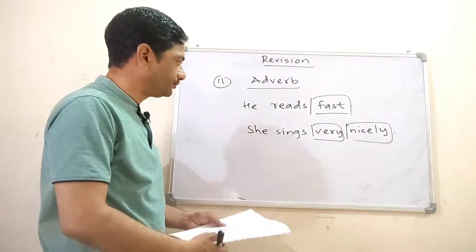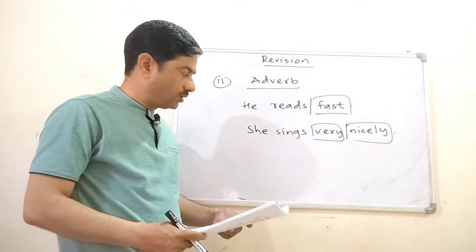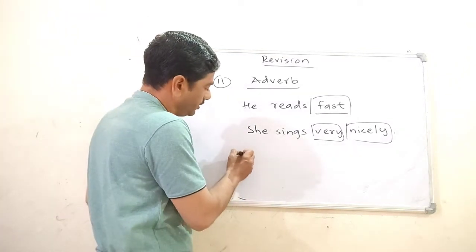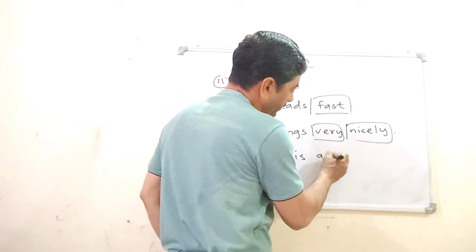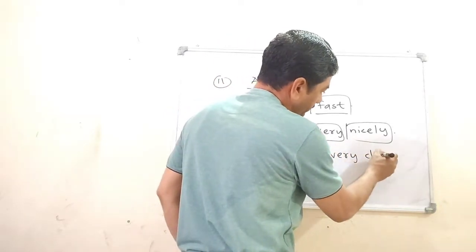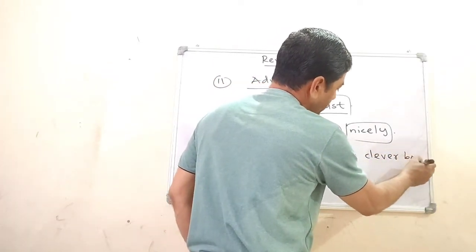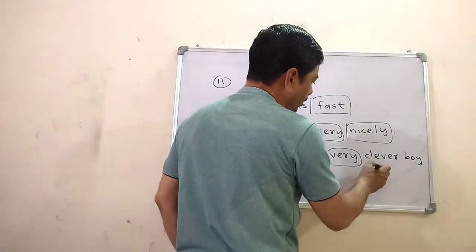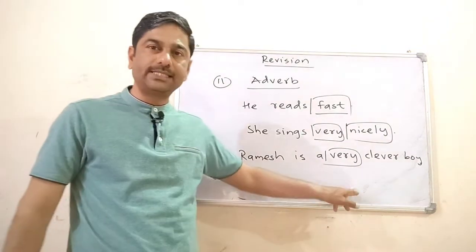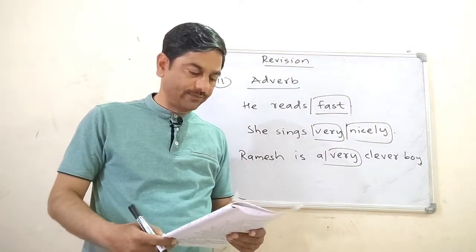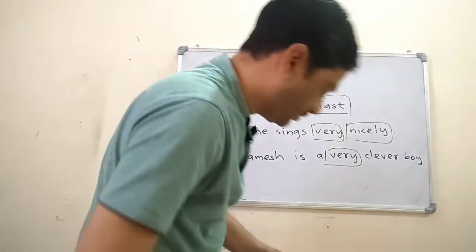Okay, Ramesh is a very clever boy. So in this sentence the word very is modifying the adjective clever. That's why very is an adverb.